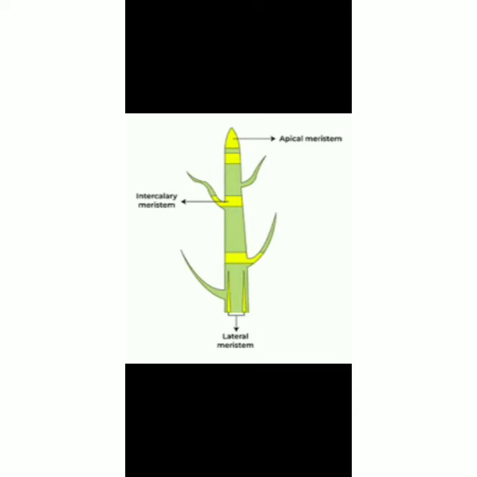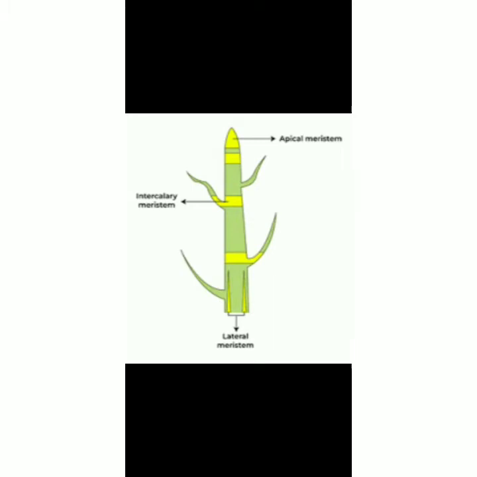Intercalary meristem is present at the base of leaves and internodes on twigs. Lateral meristem is present in the lateral sides of roots and stems, and it increases the girth of roots and stems.